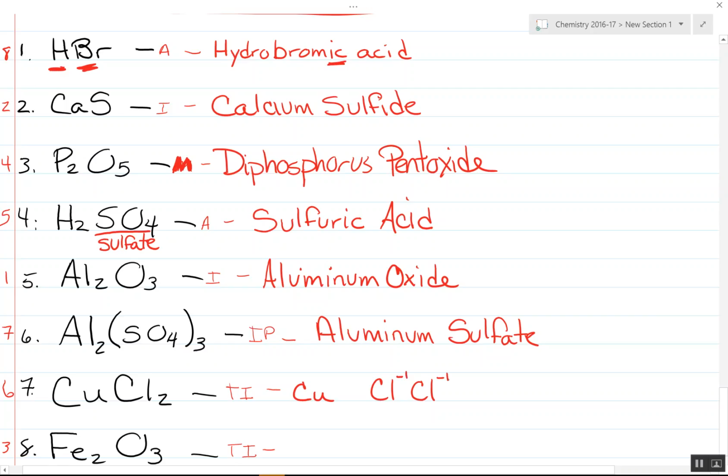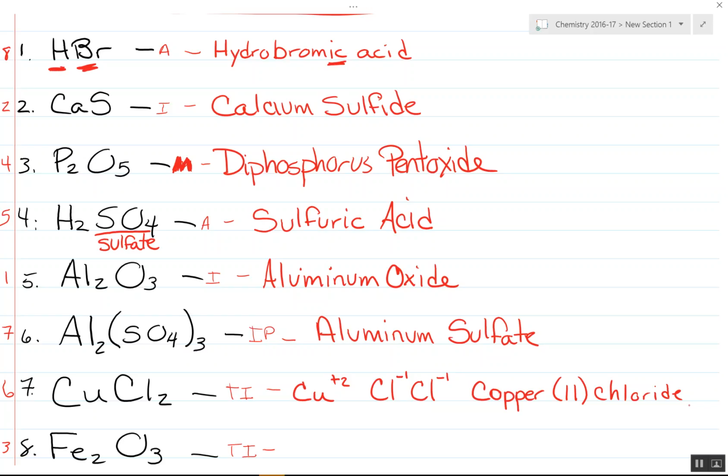So what does the charge on copper have to be? +2, but because it's a transition metal, you have to use the Roman numerals. It's copper 2 because on transition metals, you have to ferret out the charge on the copper.